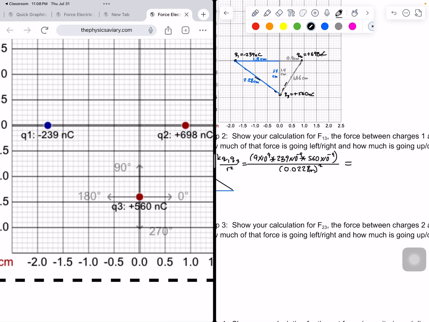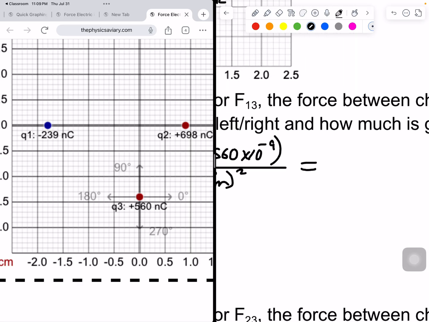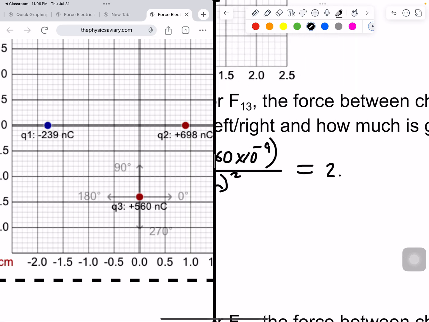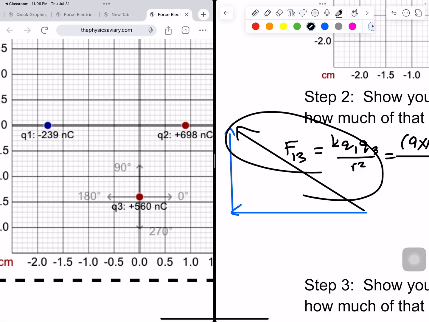Okay, so at this moment, go ahead and pause the video and enter your values for charge 1 and charge 3 into Coulomb's law, and let's figure out the electric force, F13. Now for me, I get about 2.32 newtons. Okay, so that's the hypotenuse here, 2.32 newtons.